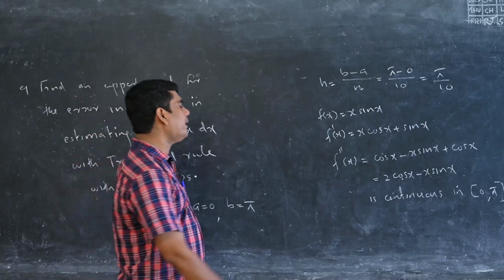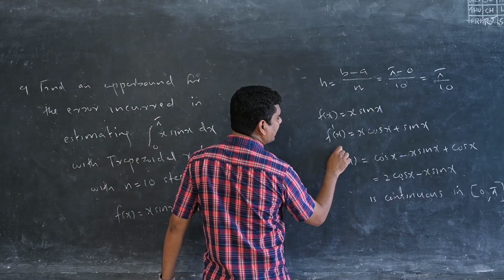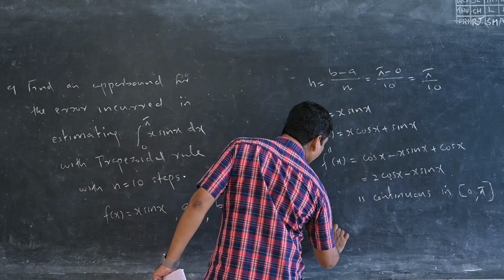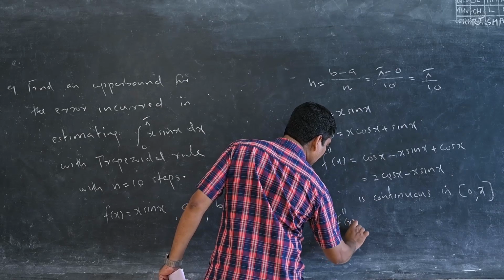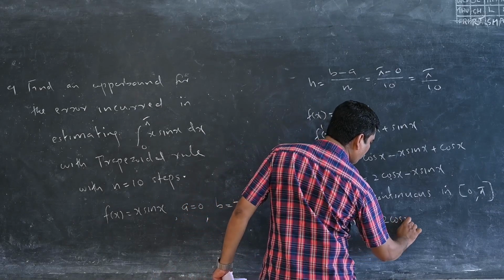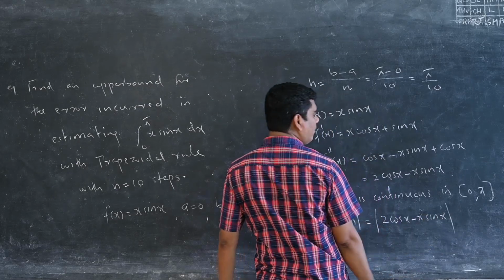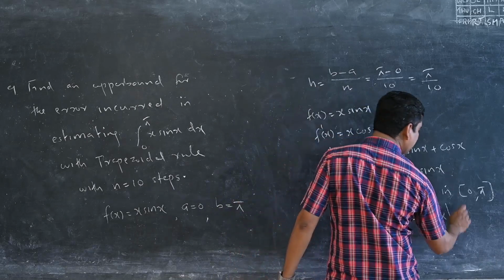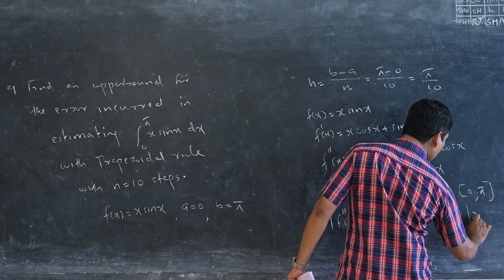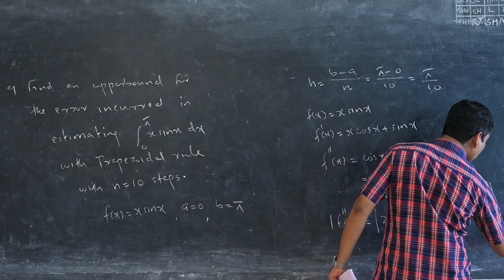Now we have to find an upper bound for mod f second derivative x on the interval 0 to pi. So modulus of f second derivative x is equal to modulus of 2 cos x minus x sin x.